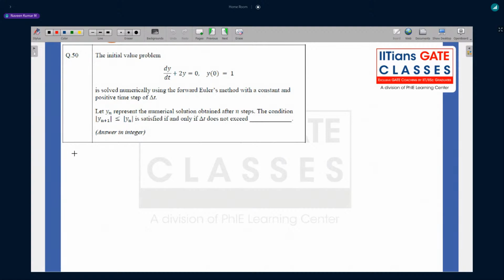If you have the function as dy by dx is equal to some f of x comma y, then the solution at the i plus 1th step is equal to the solution of the ith step, this is for the forward Euler method, plus h times f of xi comma yi, where that h is your time step delta t here. So this is your forward Euler method.